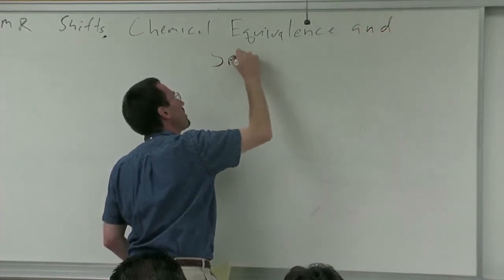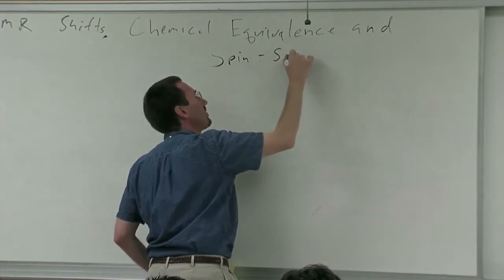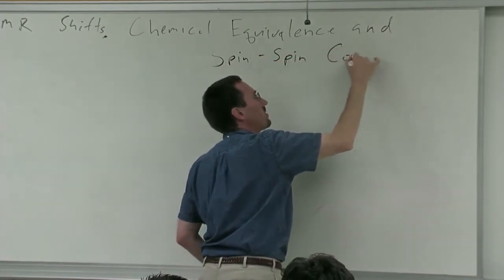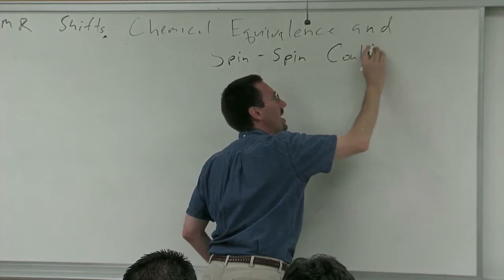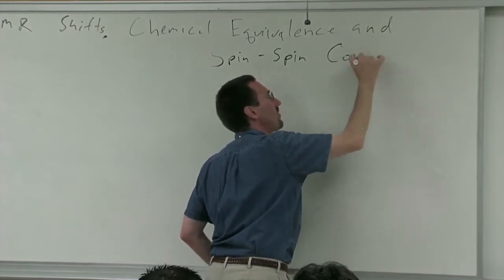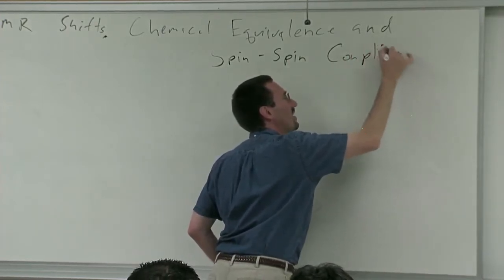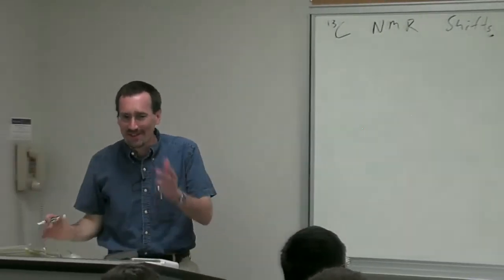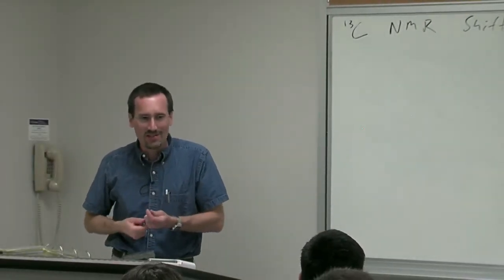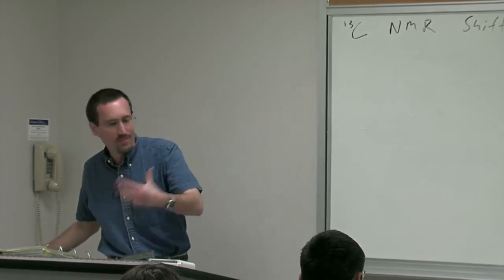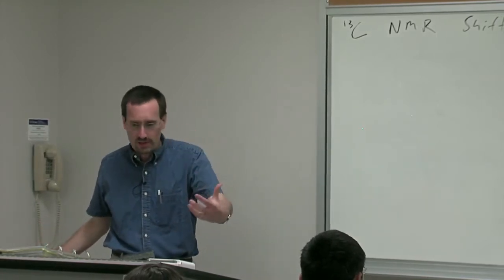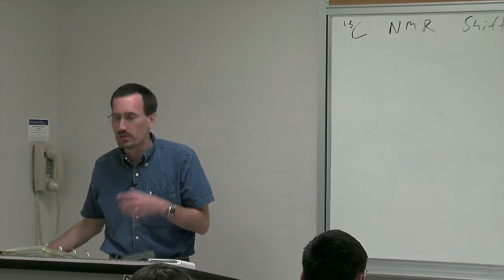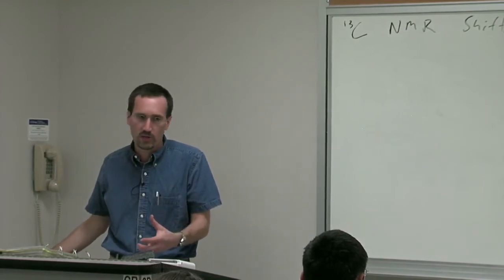We're going to be spending a good deal of time because there's a lot to understand, and as you can already see from the problems, people are saying, hey, what's going on here? These very simple molecules have all sorts of cool issues of spin-spin coupling and stereochemistry. So we're actually going to spend a number of lectures on them.